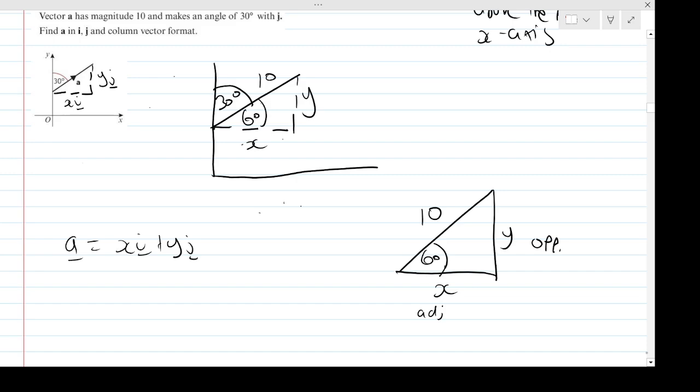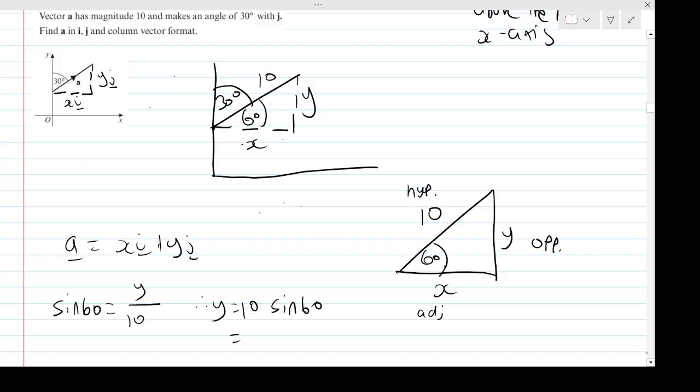Okay, so if we do that then, well, firstly, to find x, right, we know that 10 is the hypotenuse, right? If I label this the hypotenuse. So then we can use SOHCAHTOA, we can use sine, so sine of 60 is going to be opposite, which is going to be y, over the hypotenuse, which is 10. So therefore y is going to be 10 sine 60.